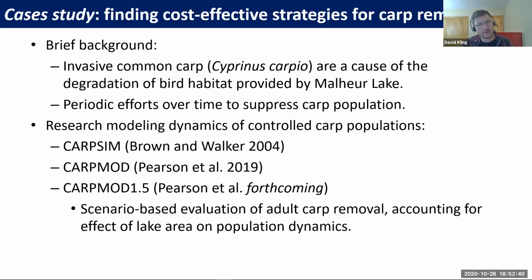And I was brought in on this at Oregon State to see what I could do with adding to models already under development. My colleagues Brown and Walker, I think these are Australian researchers, had their model extended and applied to Malheur Lake by researchers at Oregon State, which brought me in.